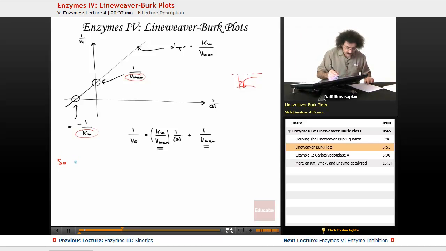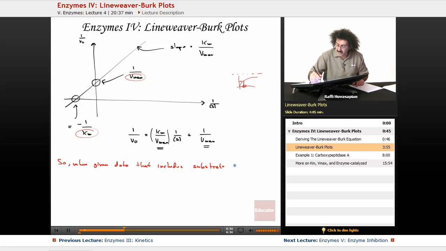So, again, when you're given data that includes substrate concentrations and various initial rates, we form new data.